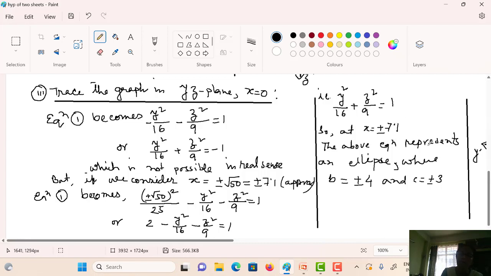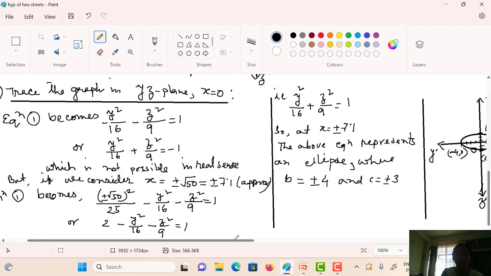Now this equation represents an ellipse for x equal to plus minus 7.1. Hence the above equation represents an ellipse, where b is equal to plus minus 4 and c is equal to plus minus 3. So now we try to draw the graph for this ellipse.